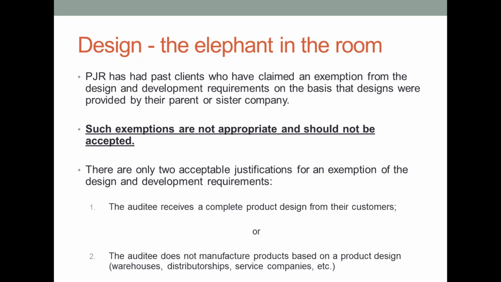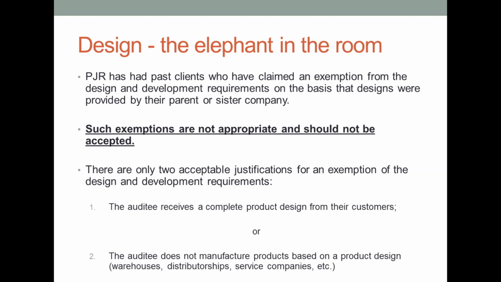Now, obviously, the elephant in the room in this situation is design. PJR has had past clients who have claimed an exemption from design and development requirements on the basis that designs are provided by their parent or sister company. These exemptions are not appropriate and should never have been accepted.